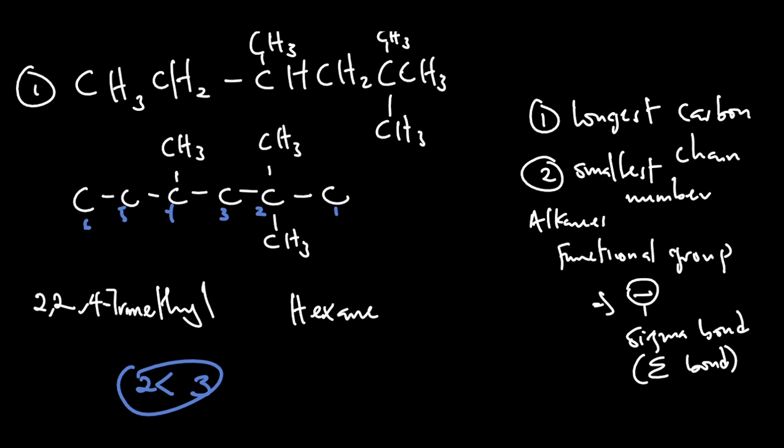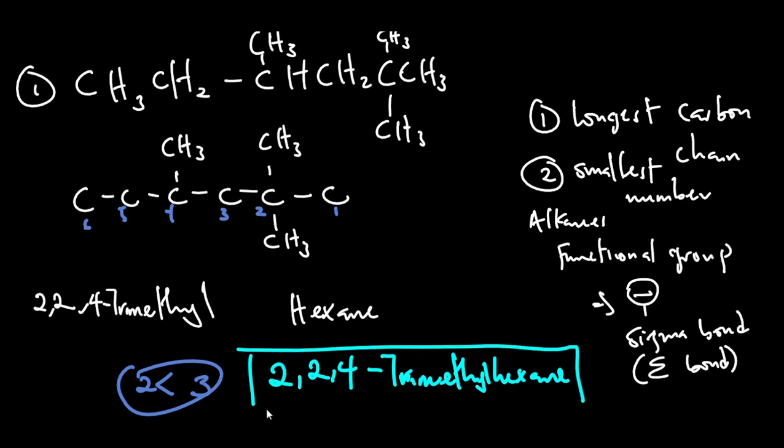So now if I write this, let me write it. So this is giving me 2,2,4-trimethylhexane. And make sure you write them as a single word. So we've named it like this. If you do not understand, pause the video, go back again, we watch them.